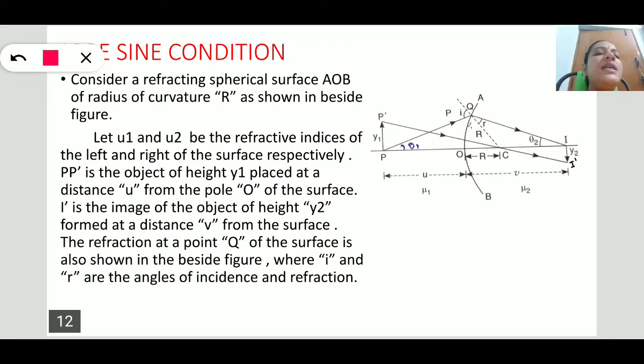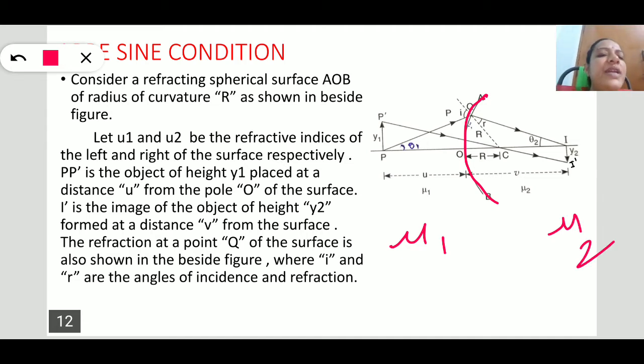Consider a refracting spherical surface AOB. The radius of curvature is capital R. Here mu1 and mu2 are the refractive indices on the left and right sides of this surface.